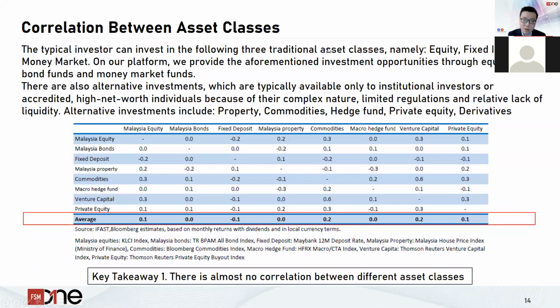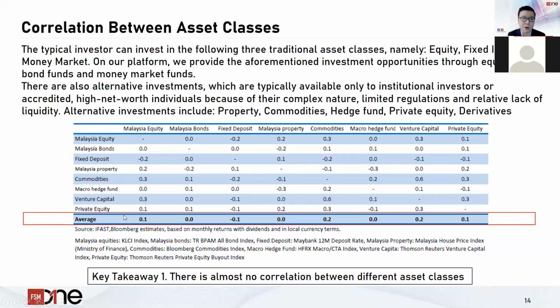Now we explore the correlation between different asset classes. So here I've done some analysis using different asset classes: Malaysia equity, Malaysia bonds, FD, Malaysia property, commodities, hedge fund strategy, venture capital, and private equity, which are all different asset classes. And just look at the average table down here.